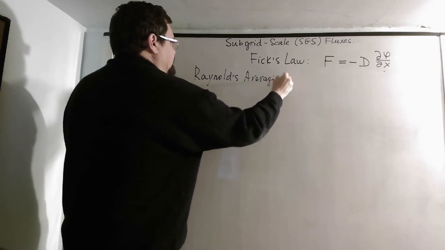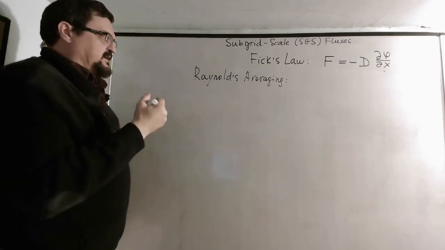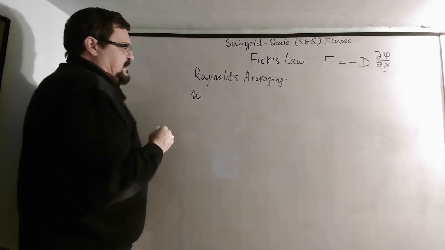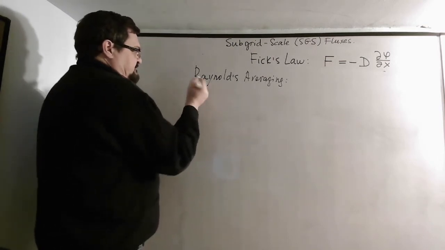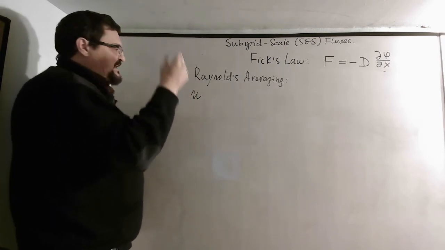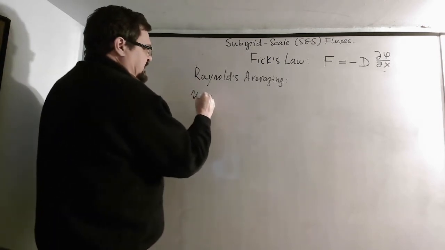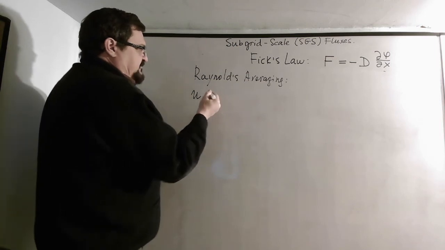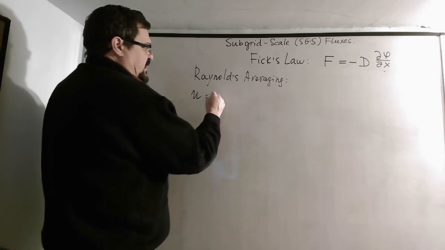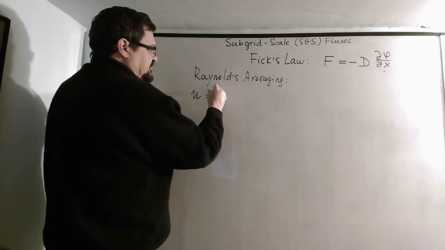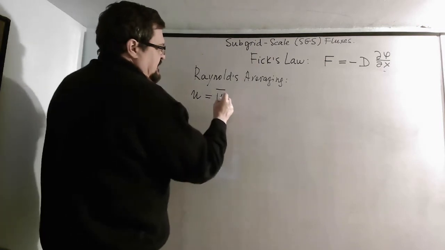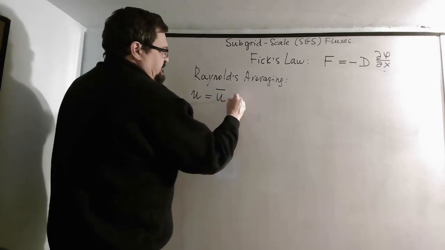For that, we assume that the flow in our grid box, U, let's say, or any quantity, U or phi or temperature, anything, can be viewed as a superposition of two regimes. One is resolved by the grid, or in this case, the average of the grid cell, plus some perturbation.